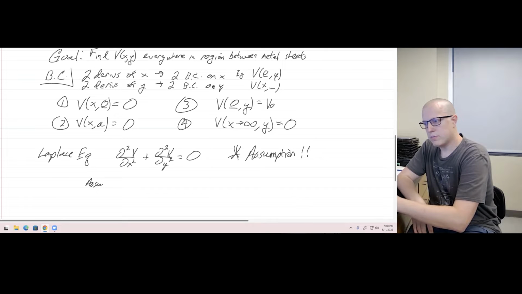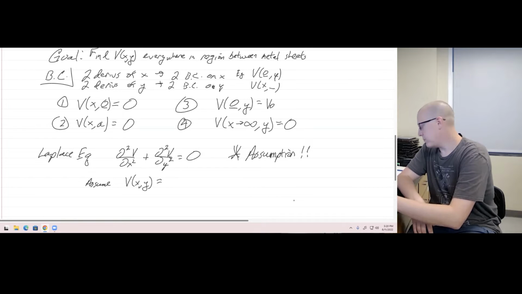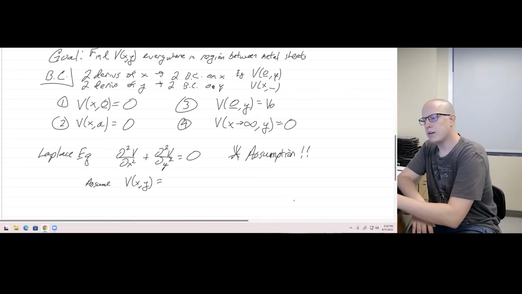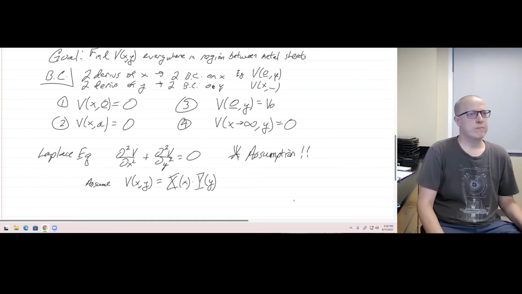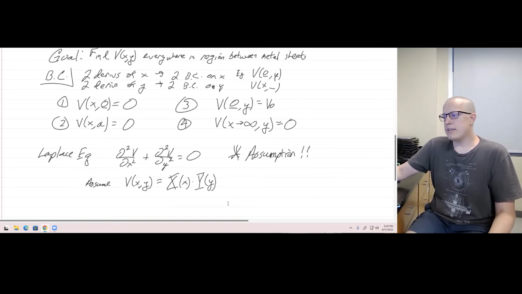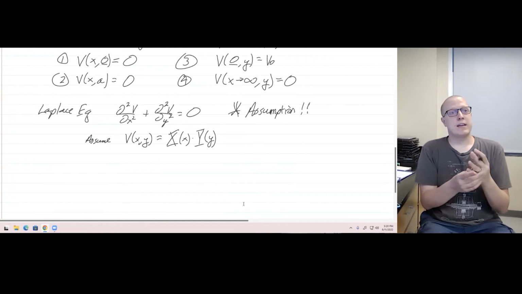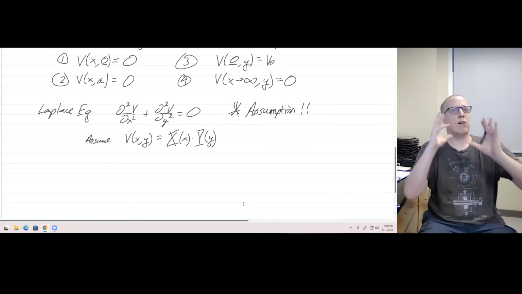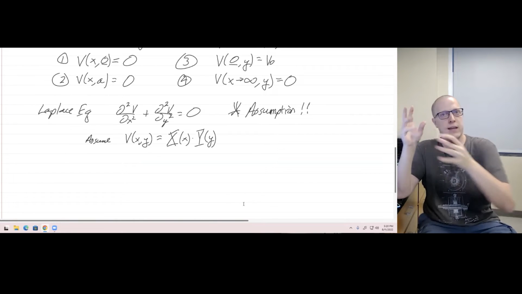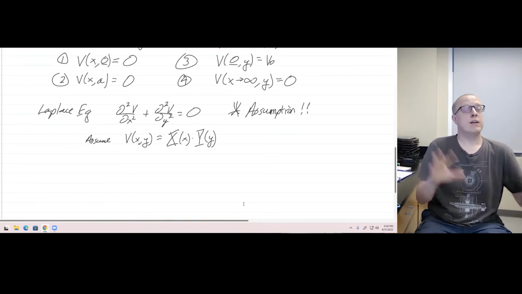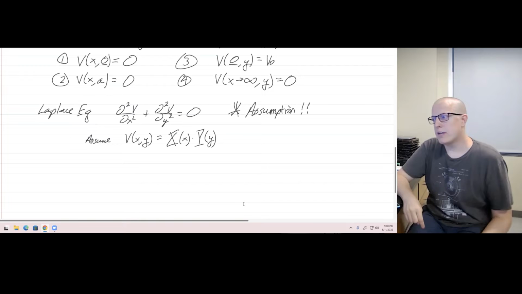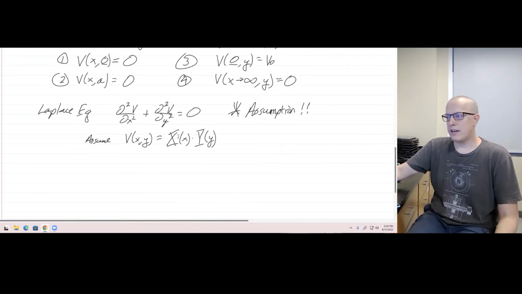We're going to assume that v of x and y is equal to the product of two functions: a function of x, capital X, and a function of y, capital Y. So what that means is I'm assuming that whatever answer I get will have this form, where all the x stuff is in one function and all the y stuff is in another function, making the variables separate, which is why we call it separation of variables.